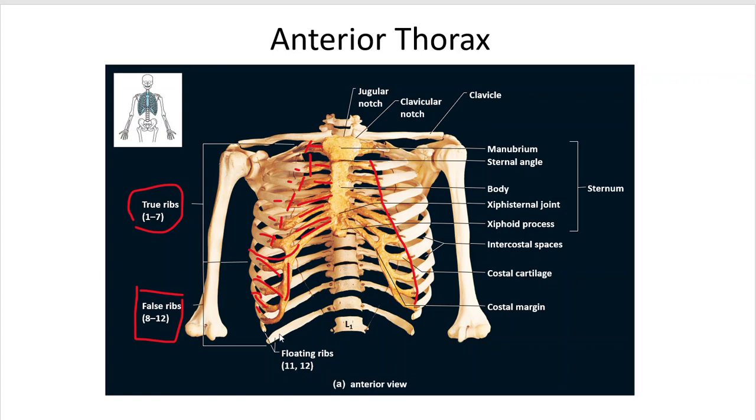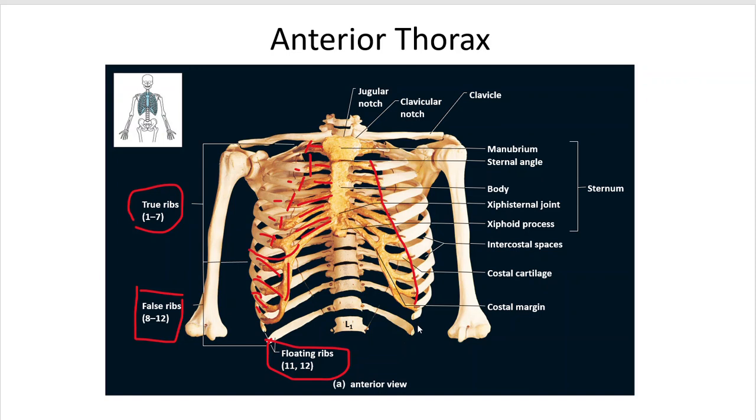Okay, those are false ribs. And 11 and 12 are false ribs too because they don't attach directly to the sternum. And 11 and 12 have another name. They're called floating ribs because they don't attach to anything.